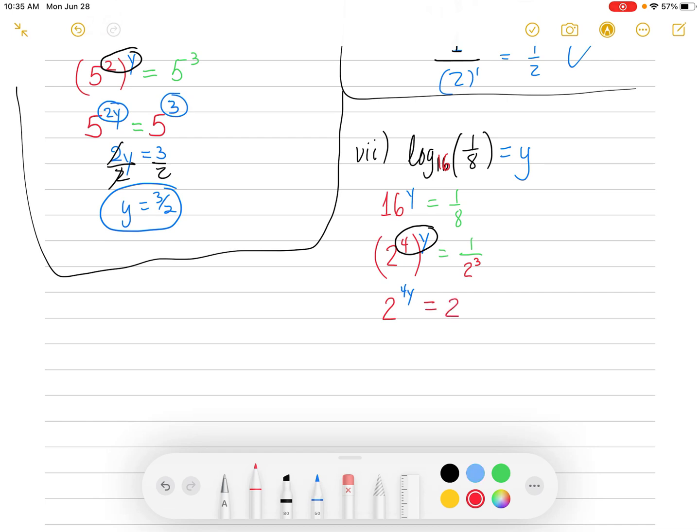Now on the left side, I can multiply the 4 and the y using properties of exponents to get 2 raised to the 4 times y. And on the right side, I can rewrite my fractional expression as 2 to the negative 3rd power, right? When you have a 2 to the 3 that's on bottom, you can take that up top and it becomes 2 to the negative 3.